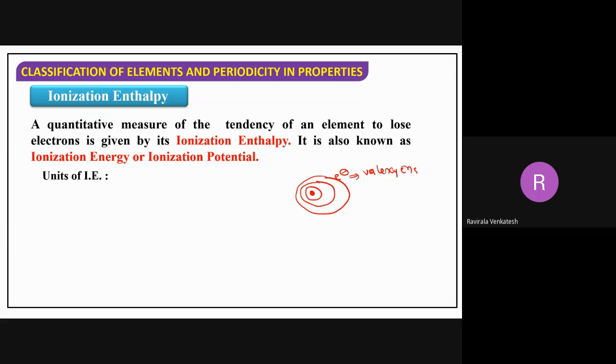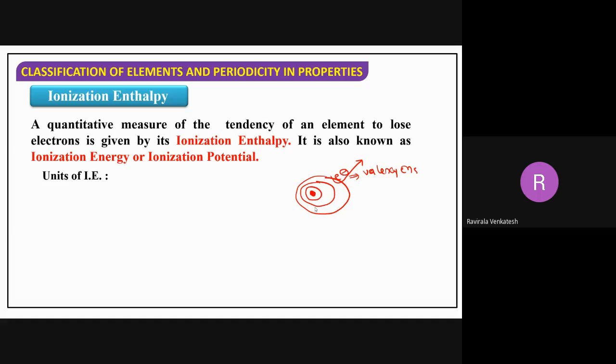Removing a valence electron is very simple, very easy when you compare with inner electrons. To remove this electron, we have to overcome the nuclear force of attraction. First of all, you have to overcome the attraction from the nucleus, then only can we remove the electron from the valence shell. So what amount of energy is required to remove the electron is called ionization enthalpy, isn't it?